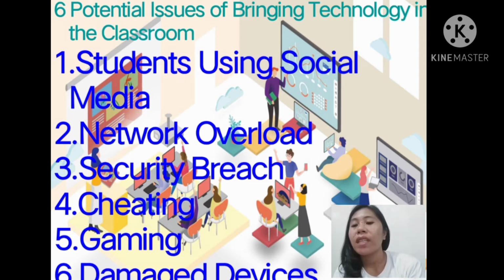Third, security breach. Students many times are more curious than they are malicious. They want to push the boundaries just to see if they can. If your network allows them access to the admin servers, you can bet they're going to get on it.